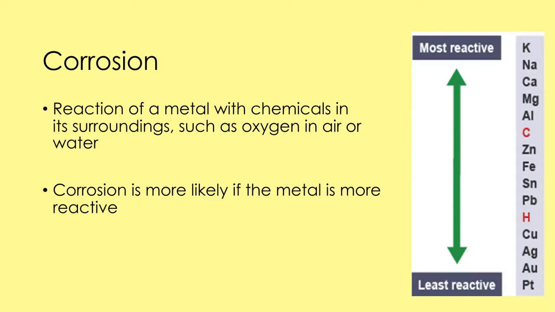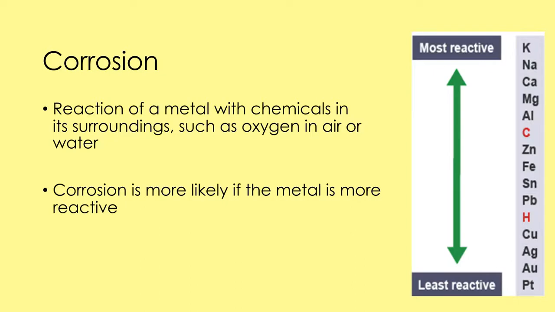Now, corrosion is more likely if the metal is more reactive. Hopefully this makes sense. You should remember seeing a reactivity series, and if you look at the top of it, those are the most reactive metals. Something like potassium, sodium, calcium are going to corrode really quite quickly. If you look at something in the middle, something like iron corrodes reasonably slowly.